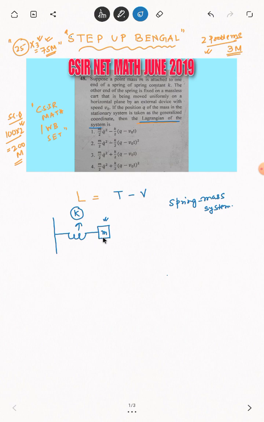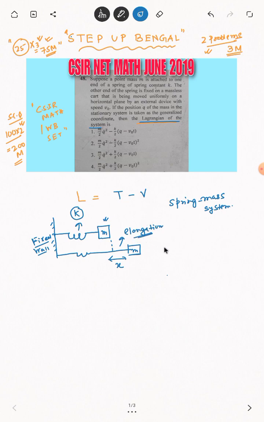Suppose this is the equilibrium position, that means a spring is attached to one end of the mass and the other end of the spring is fixed to a fixed wall. Then if we draw it further, in the second figure, we have displaced it up to this position. So this is x. x means elongation, that means the extension.